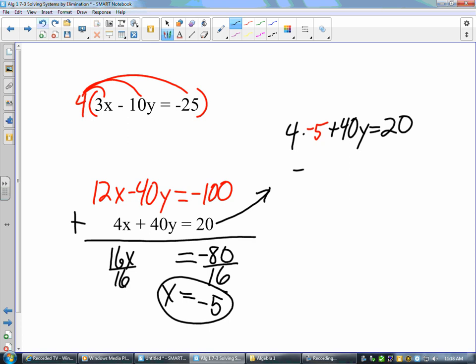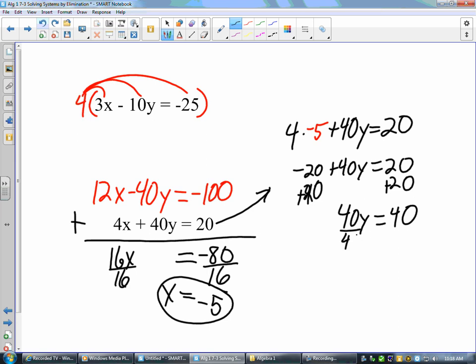And so we have a minus 20 plus 40y equals 20. That's plus 20 to both sides, plus 20 to both sides. You'll get 40y equals, that's a 40 there, divide by 40, and y equals 1, right as your final answer.